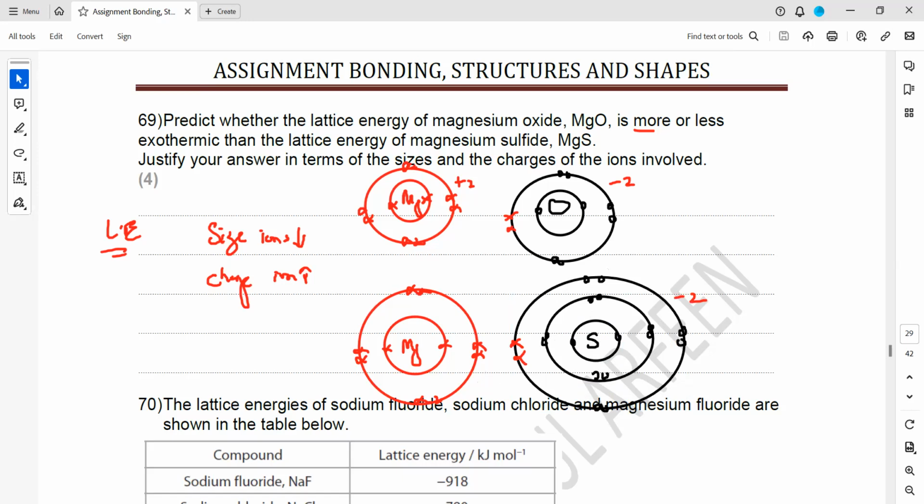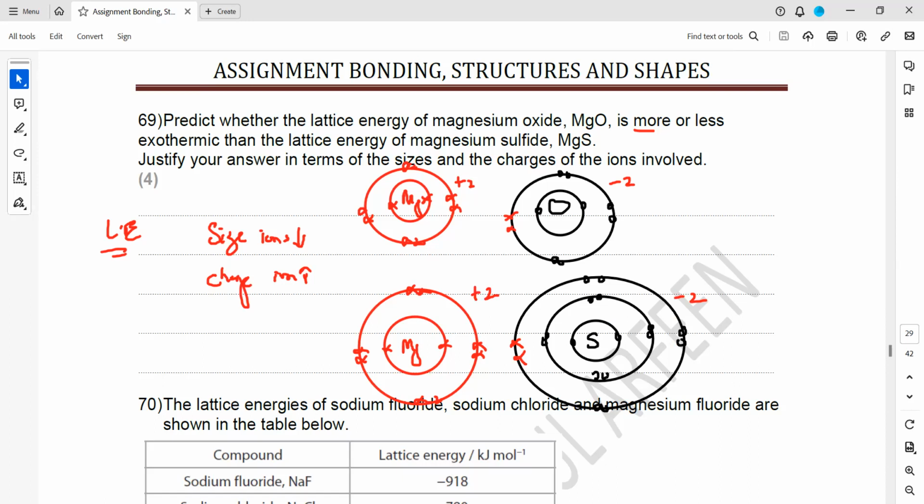Now, which one do we expect to have a higher value of lattice energy or a stronger attraction? Because the lattice energy depends on the size of the ions, and we want the size of the ion to be small as possible, and the charge on the ion should be large as possible. But in this case, the charge is same, like magnesium is plus 2, oxygen minus 2. Same thing, magnesium plus 2, and sulfur is minus 2.